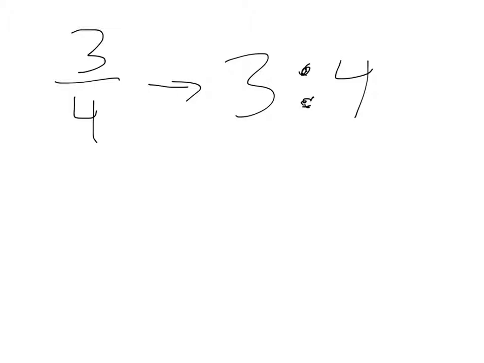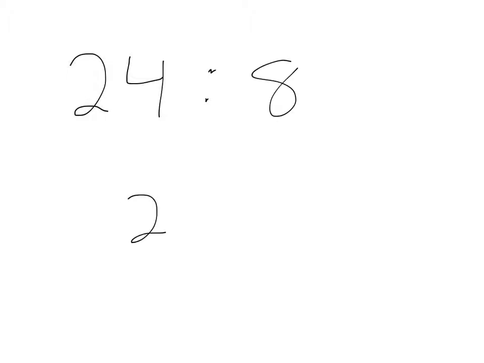But they can actually be simplified the exact same way. That being said, if I was looking at, say, number 4 on your take-home quiz, it says 24 to 8. If that were the fraction 24 over 8, it's an improper fraction, so we would divide and it would give me 3.